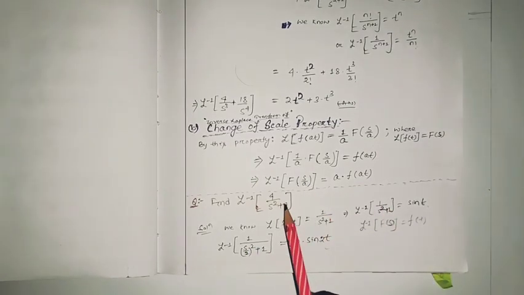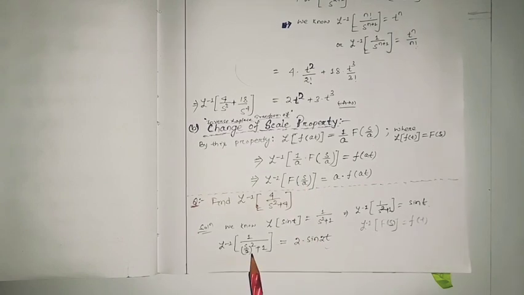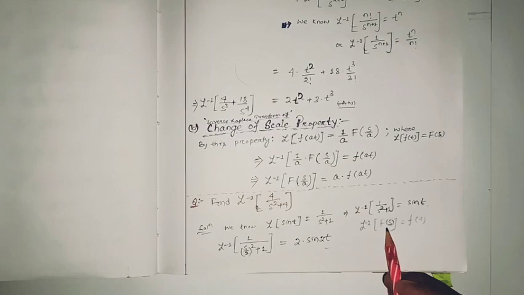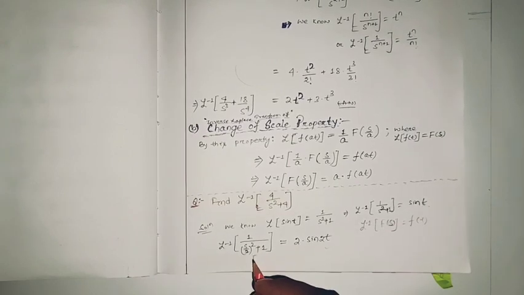If I compare this with this, then here a is your 2. Okay, if capital F of s is there, f of t we have to get as the answer. If s by a, that means this one is your capital F of s by 2.